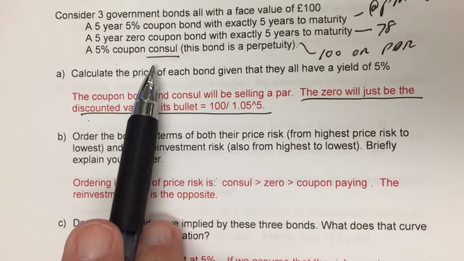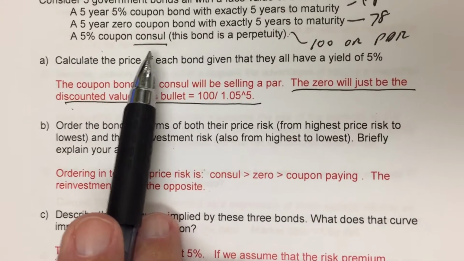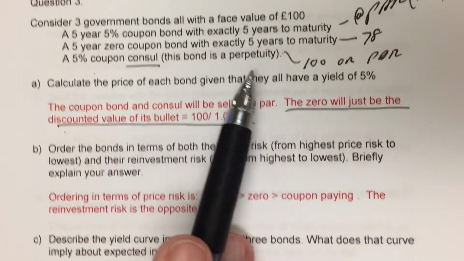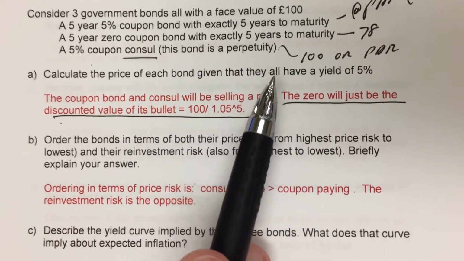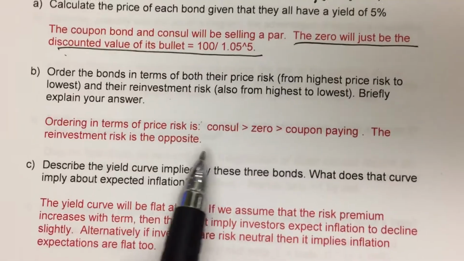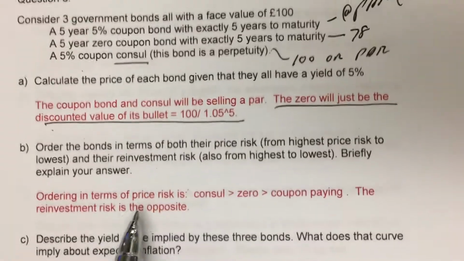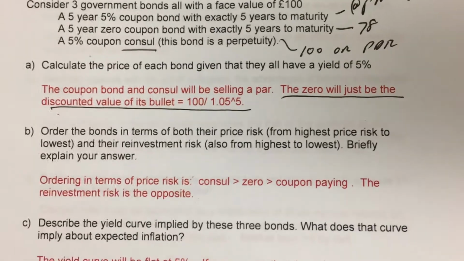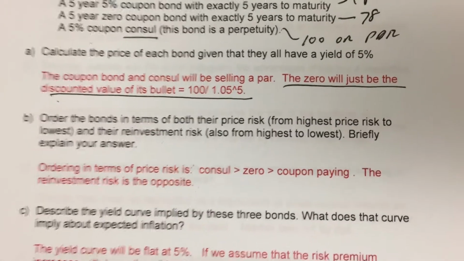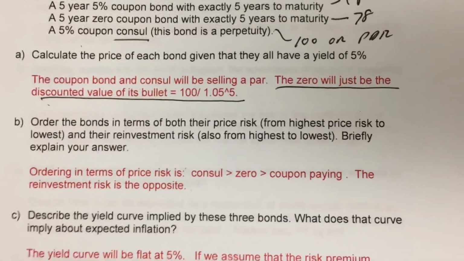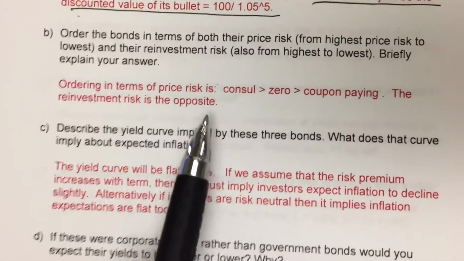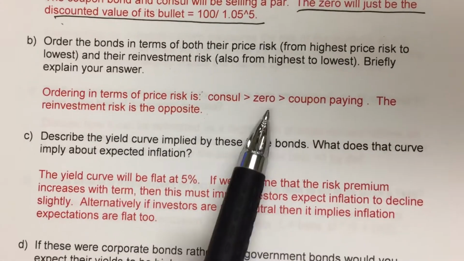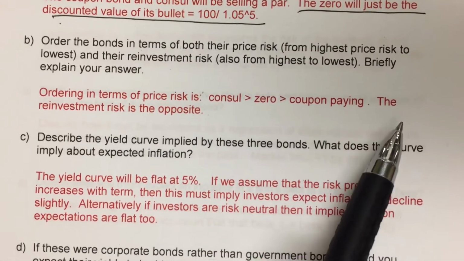The Consul bond is a perpetuity, and the interest rate could change over time, therefore resulting in a change in the price risk. So perpetuity, forever, but it still infers there's fluctuation. Could fluctuate in the interest rate. So the highest price risk bond is the Consul, followed by the zero, followed by the coupon pay.